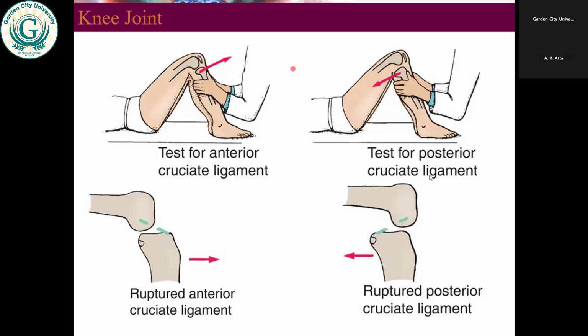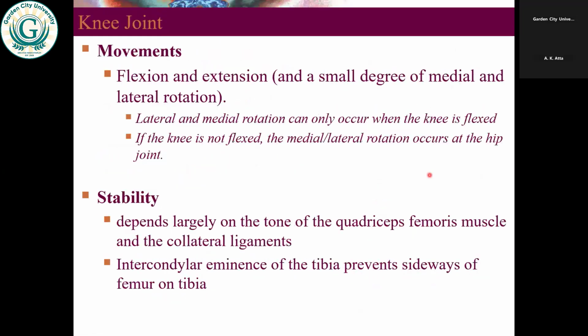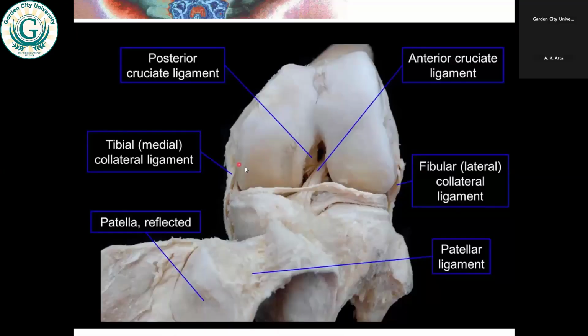Because we are saying that the front one, the anterior cruciate, this one here, this is the tibia, is preventing what? Anterior dislocation of the tibia on the femur. And I'm not sure when you are squatting those ones are involved. Then the posterior one, the one at the back, will prevent posterior dislocation of the tibia on the femur.